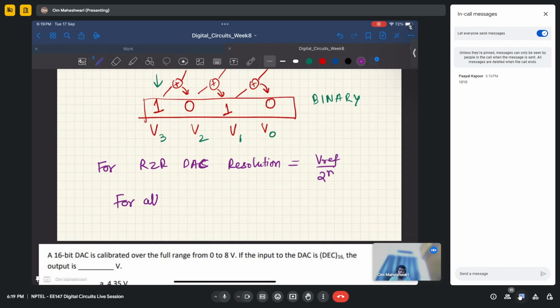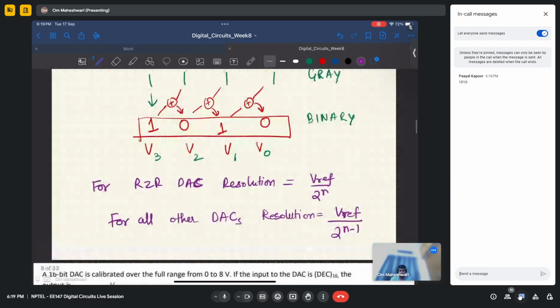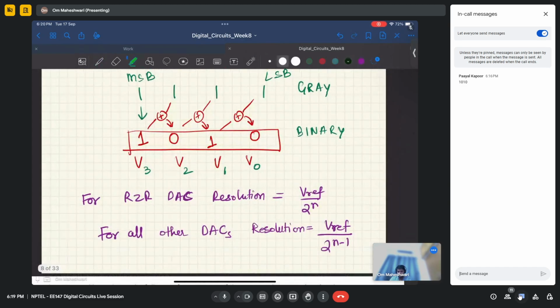For all other DACs, resolution is always Vref by 2 to the power n minus 1. This is a small thing, but it would be good if you remember this.